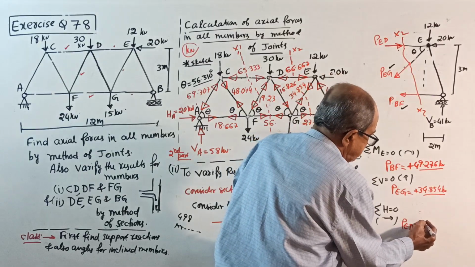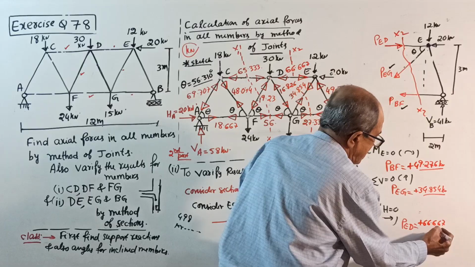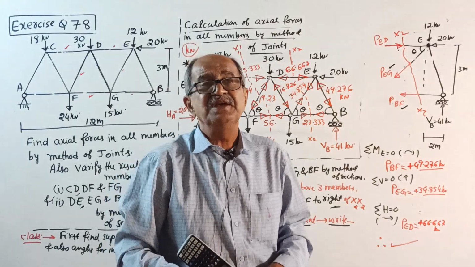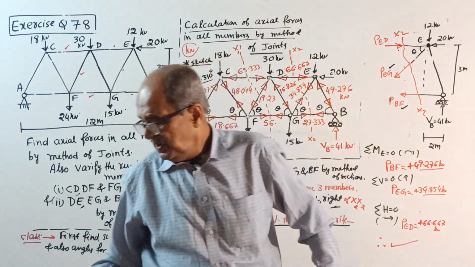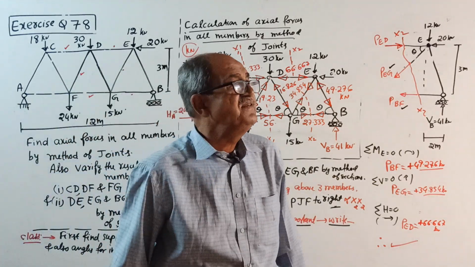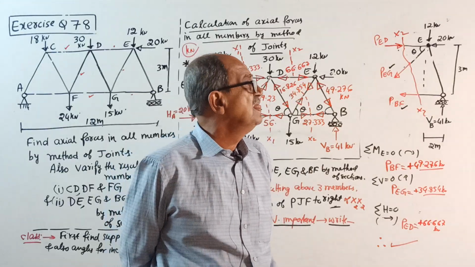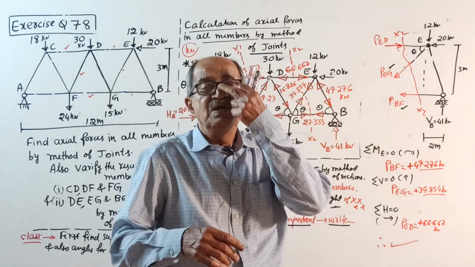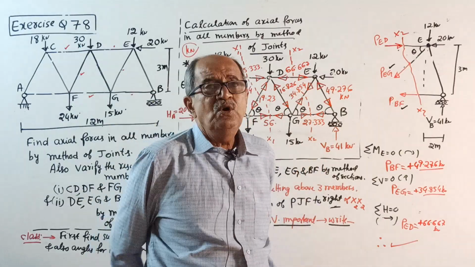See, now we should do one thing, you should understand. Earlier, when you assume all tension, that is going away from the joint, positive sign indicates it is going away from the joint, so tension. If you get negative, then it means it is not going away from the joint, it is coming towards the joint, so compression.